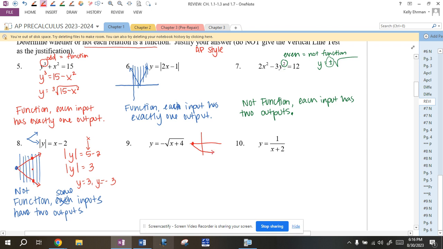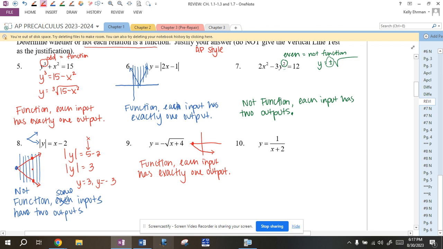That does pass the vertical line test. But again, even if you're not remembering the graphing rules, start plugging in some x's. You will find that you just get one y value. So this is a function because each input has exactly one output.